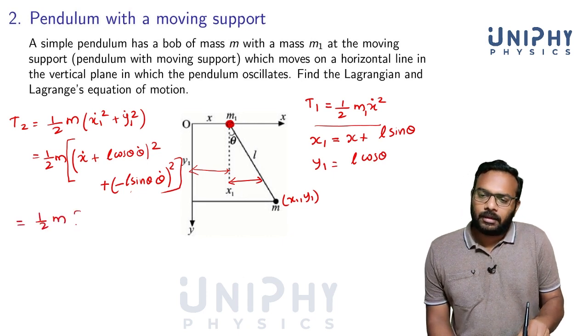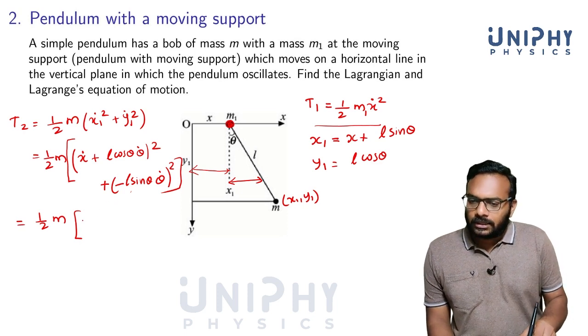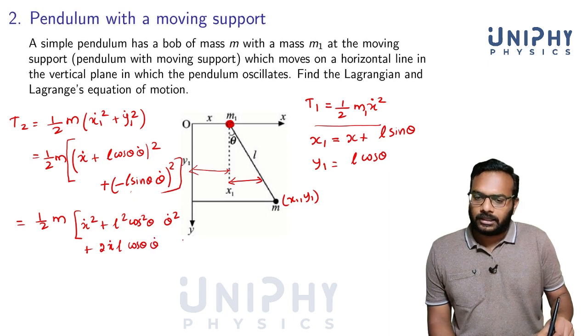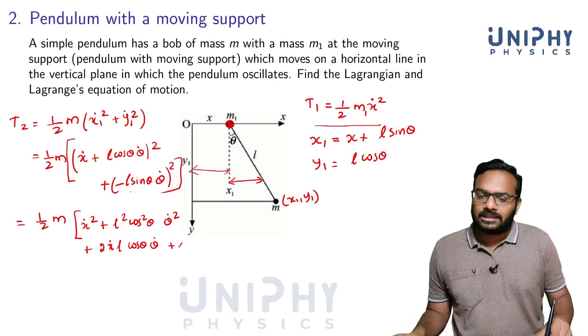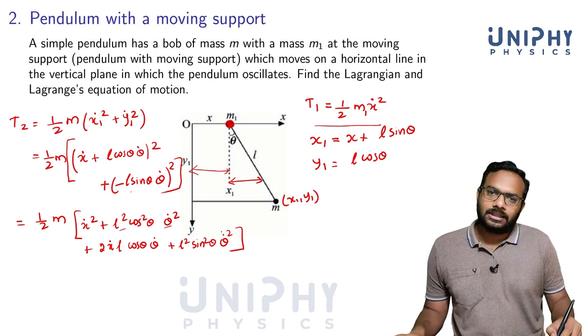So it's half m. What do we get from here? We can write it as x dot square plus L square cos square theta theta dot square, plus 2x dot L cos theta theta dot, plus L square sin square theta theta dot square. Can we further simplify it? Yes, if you take this L square theta dot square outside, this is cos square theta plus sin square theta.